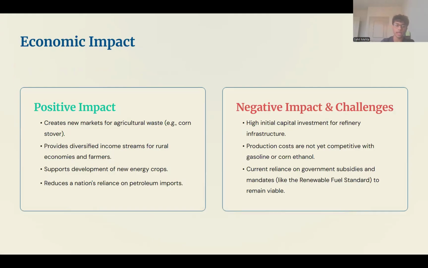So the economic impact, the positive impacts are that it can create new markets, obviously more businesses, and it can support the development of new energy crops, and it can reduce the amount of reliance that we as a nation have on fossil fuels. However, there are negative impacts.